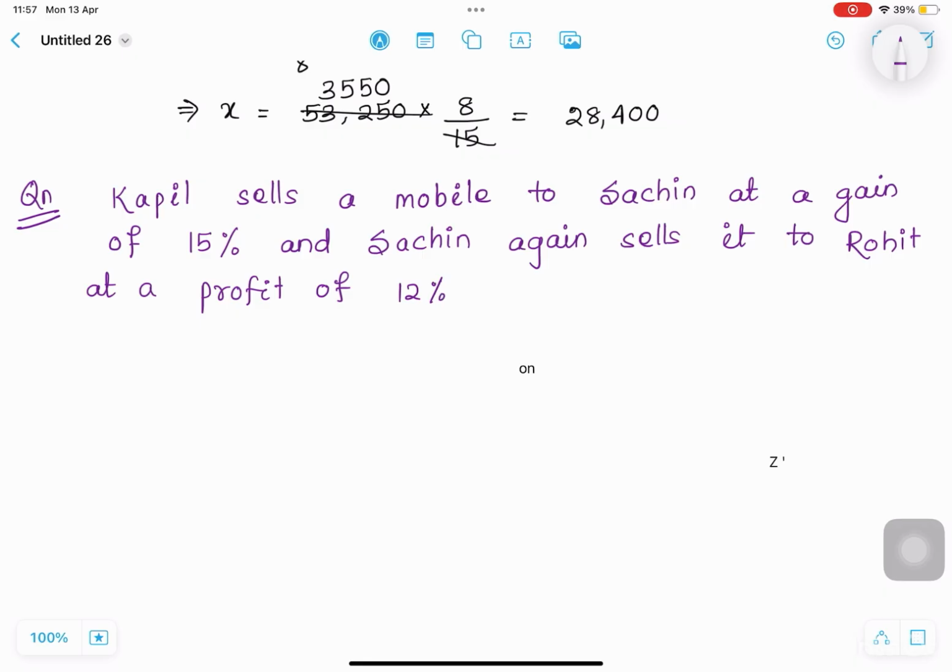If Rohit pays rupees 322, what is the cost price of the mobile for Kapil?